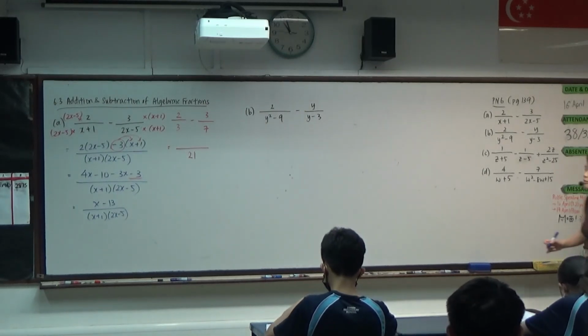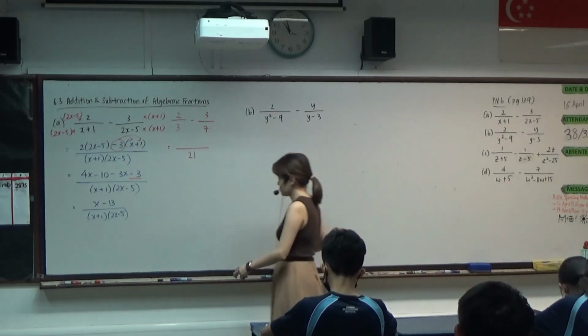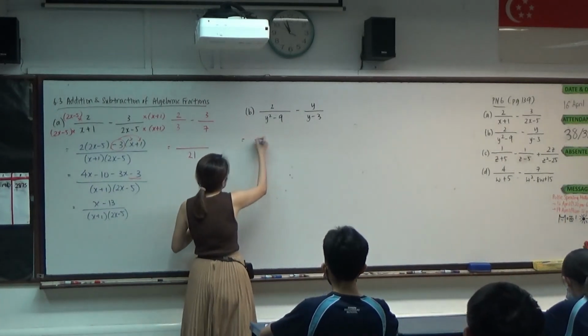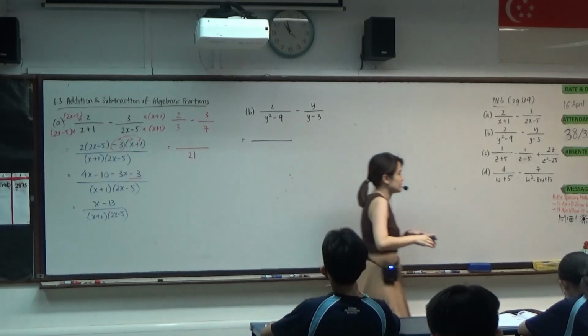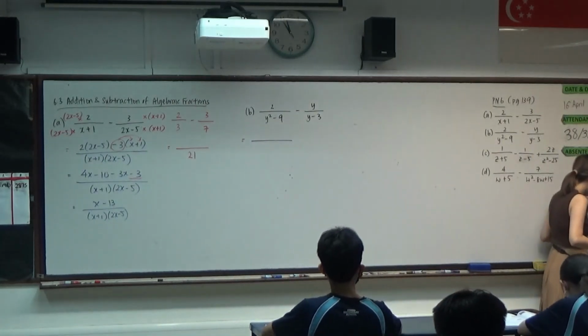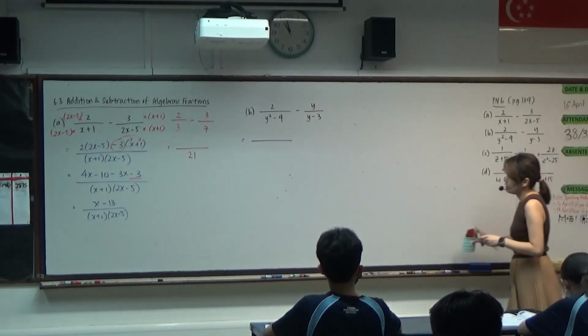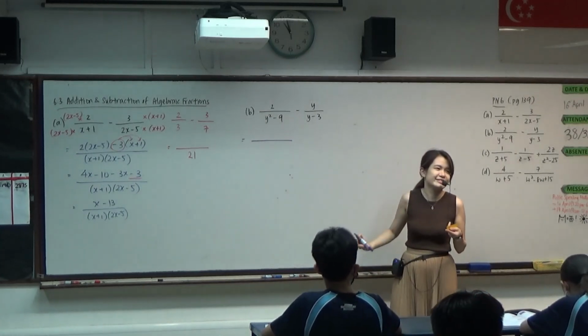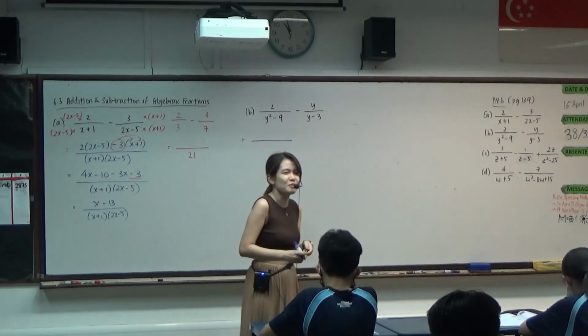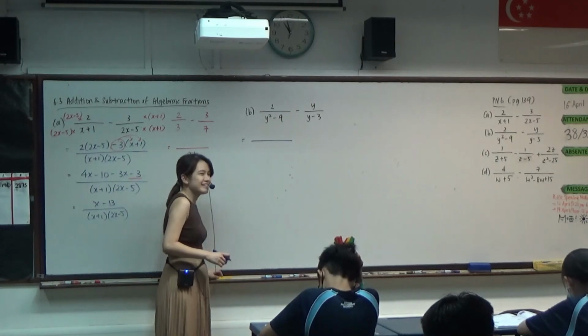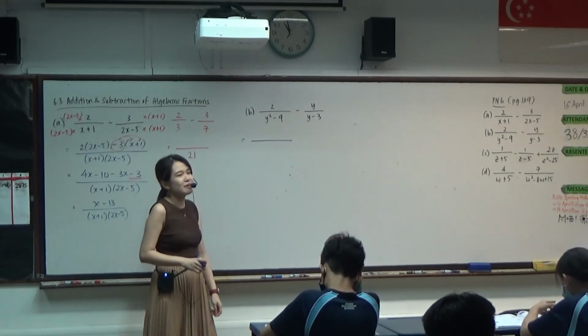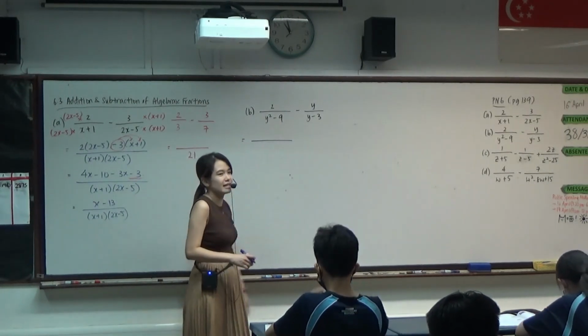How do we factorize y squared minus 9? Can you tell me what is the factorization of y squared minus 9?